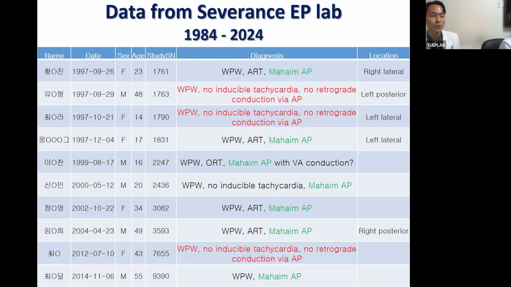And after experiencing this complicated case, I'm not sure that my thought is right or not, but even though the many scholars classify those unusual bypass tracts, I think it depends on the anatomy, fiber orientation, and the normal electrophysiology of those characteristics. So there's some mixture of bypass tract.